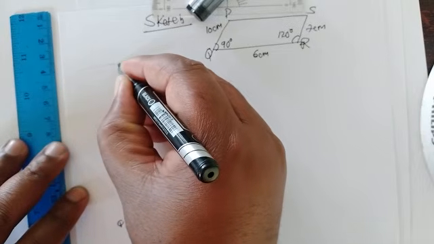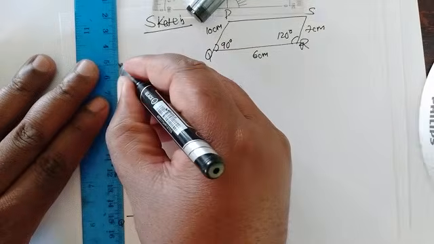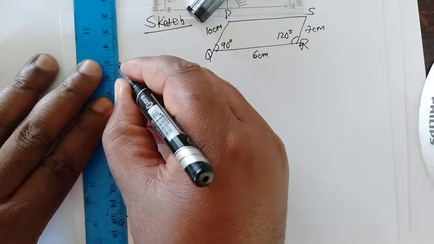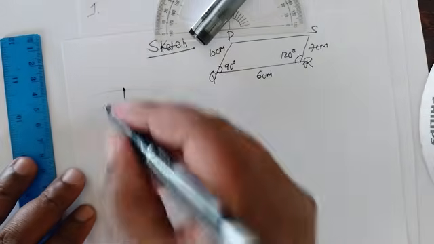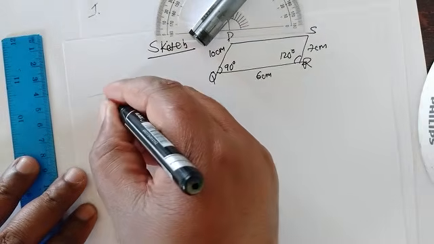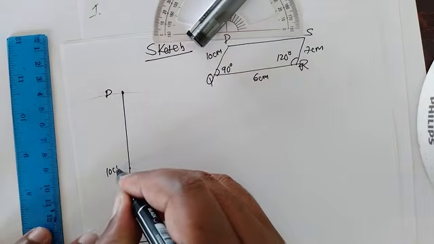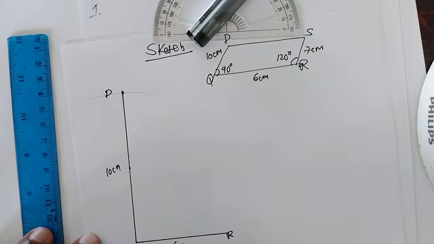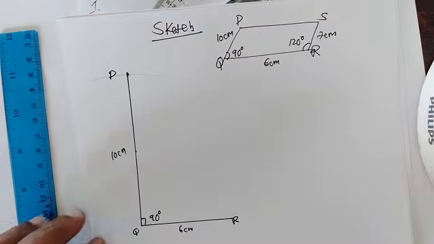So this is where actually you can even draw it. So this one is our P. Alright, so we say this is 10 centimeters and this is 6 centimeters. That this angle is 90 degrees. Alright, so that is the case.